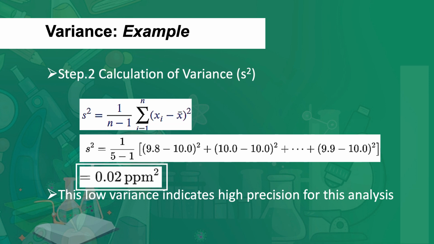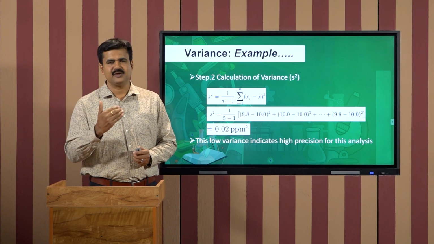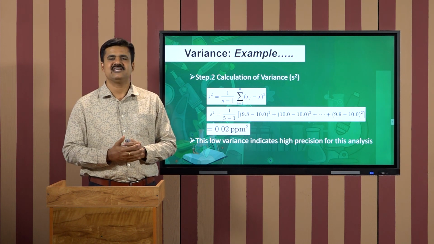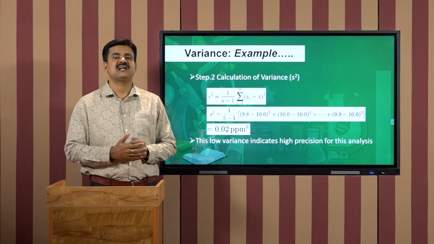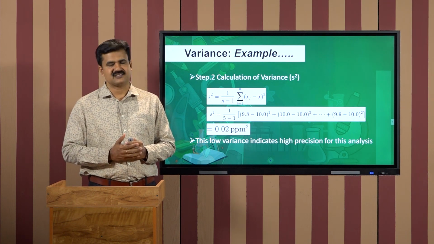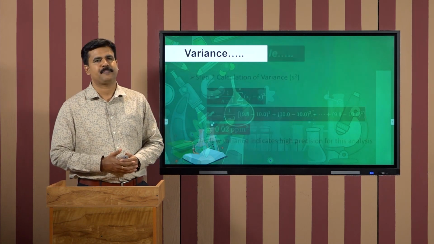This low variance indicates high precision of this analysis. That means the value obtained is comparatively low, and that gives us an interpretation that the procedure adopted is associated with high precision, or it is a comparatively good analysis.